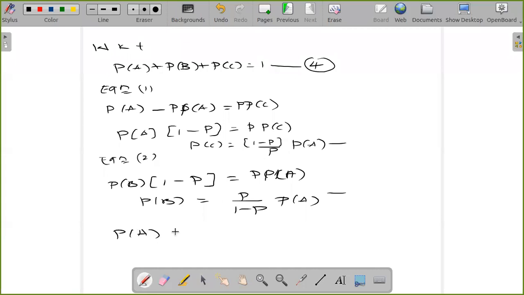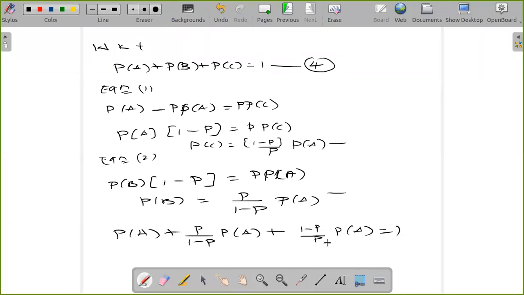P of A plus P of B is substituted as P into 1 minus P of A, alright, plus P of C, 1 minus P divided by P into P of A, is equal to 1.